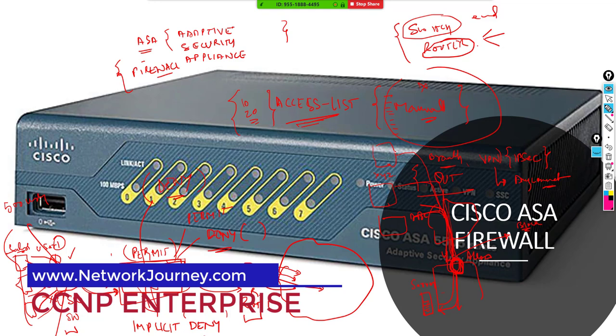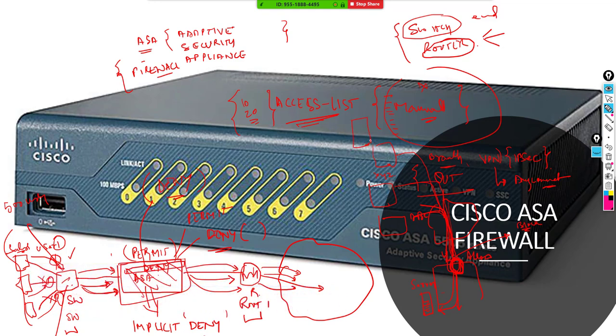Now let's say this particular hacker or attacker was smart enough. He went through customer XYZ, and from customer XYZ it started initiating the traffic. Now the ASA firewall will take it as XYZ traffic, not the traffic that is coming from the attacker.